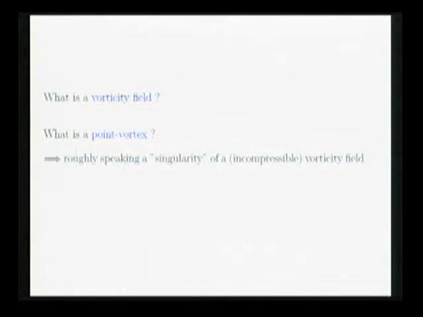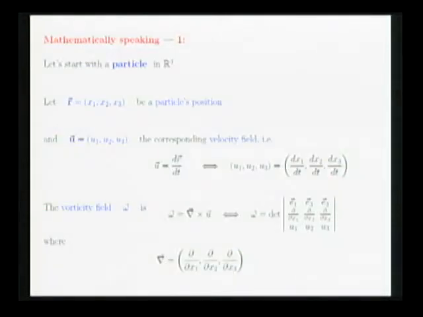So, what is the vorticity field? I believe the audience knows, but just for the sake of it. And what is the point vortex? A point vortex is roughly a singularity of the vorticity field, and we will always consider incompressible flow. If r is the position of a particle and u is the corresponding velocity field, we introduce the vorticity field as the curl of the velocity field.